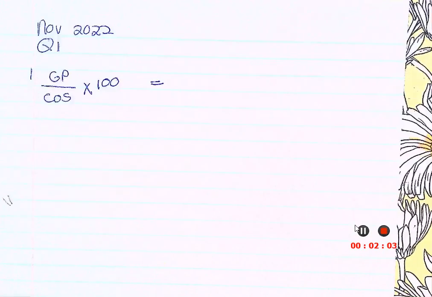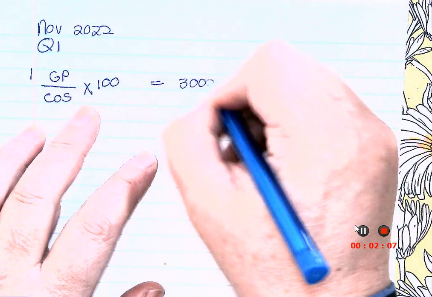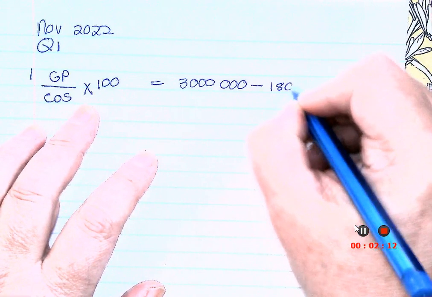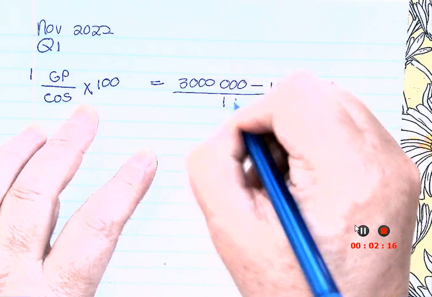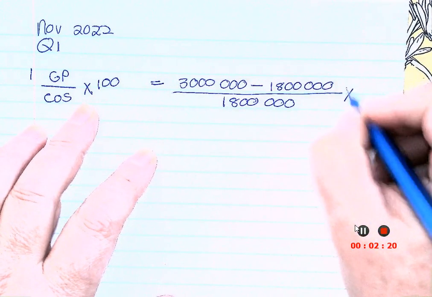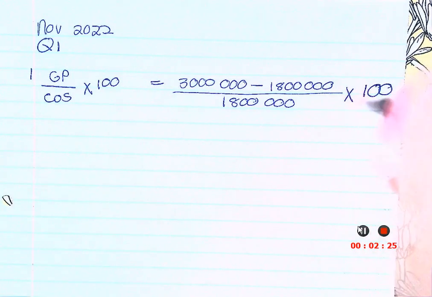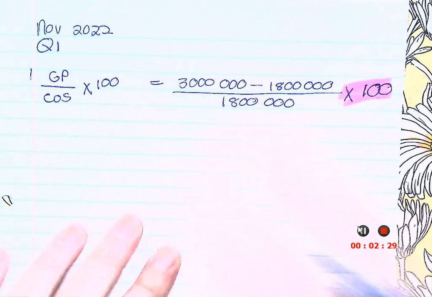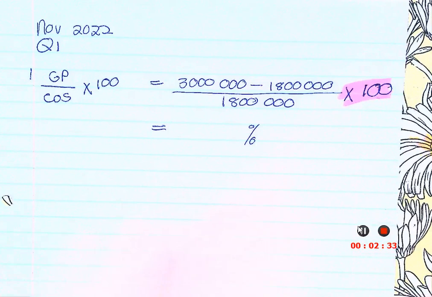So you're going to take your sales, which is 3 million. You're going to subtract your cost of sales, which is 1.8. And you're going to divide it by your cost of sales, which is 1.8. Now, times 100. This is very important to write down, because in the matric exam, you don't have to say it's a percentage. You can just write the answer.